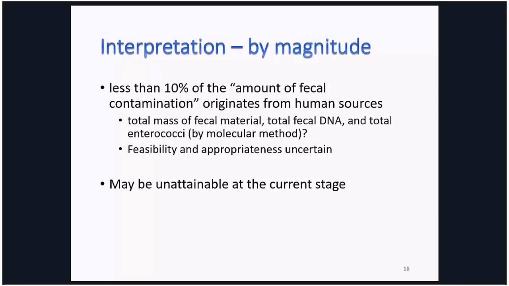So that could be 10% of total mass of fecal DNA, total fecal DNA, or total Enterococcus by qPCR. However, the feasibility and the appropriateness of this approach is uncertain, and research is still ongoing. So this approach may not be attainable at the current stage. Next slide.